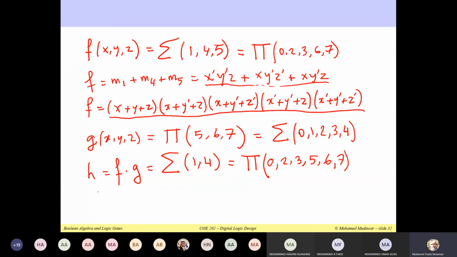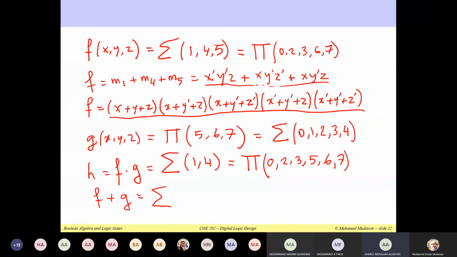How about if I would like to get f or g? In sigma notation, what are the min terms of f or g? 0 to 7? So what's the meaning here of the or? One of them will be 1.